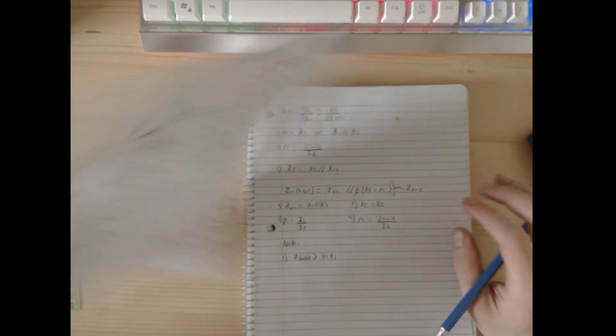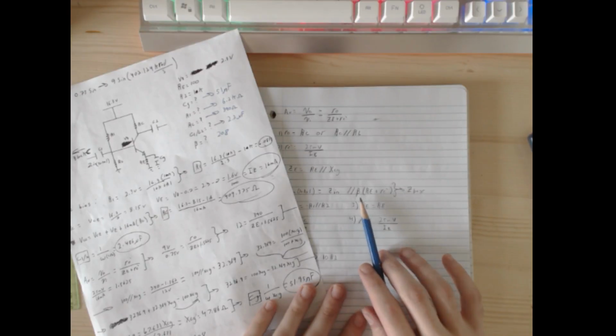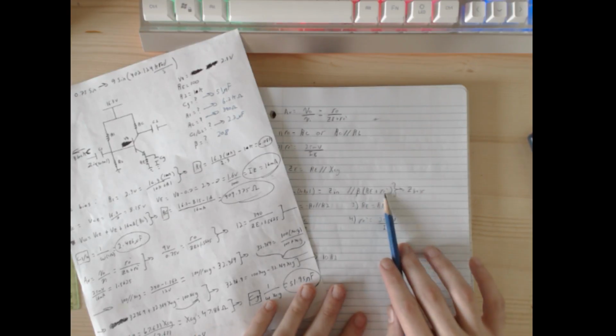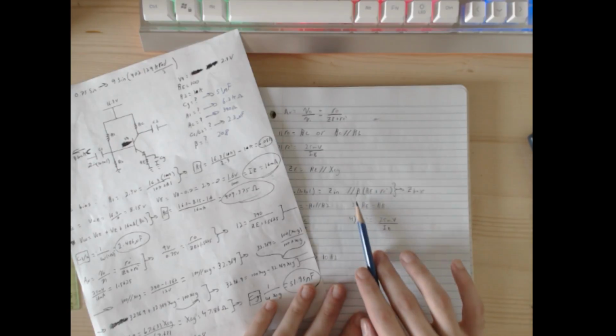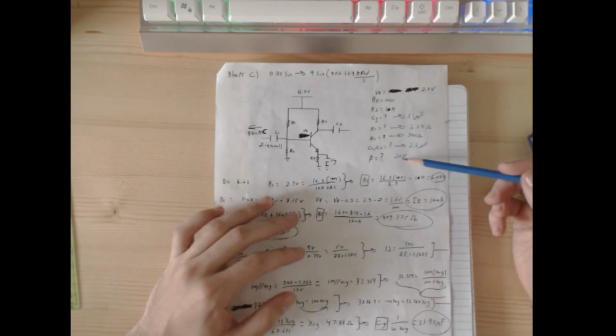Okay. So my Z base, RE plus RE prime times our beta, 208.